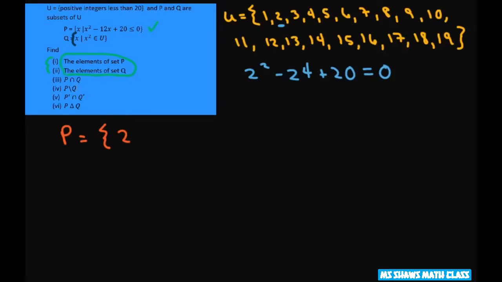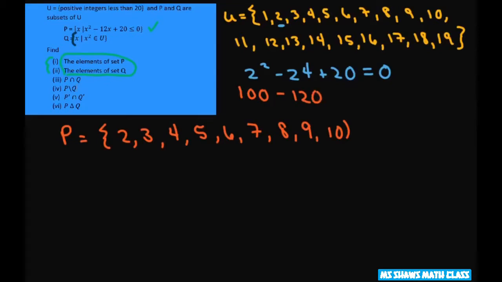You can continue on and plug in numbers, and you will get all the way to 10. I'll just plug in 10 and see what we get. We'll get 100 minus 120, then plus 20.